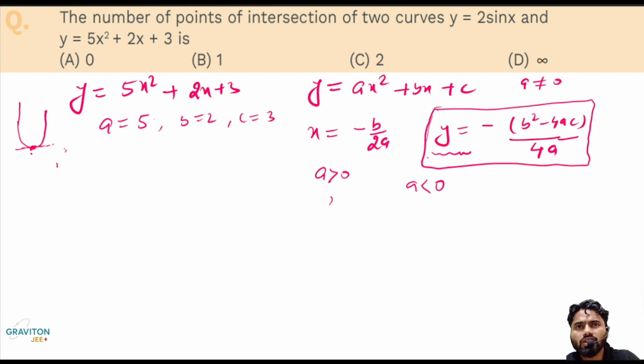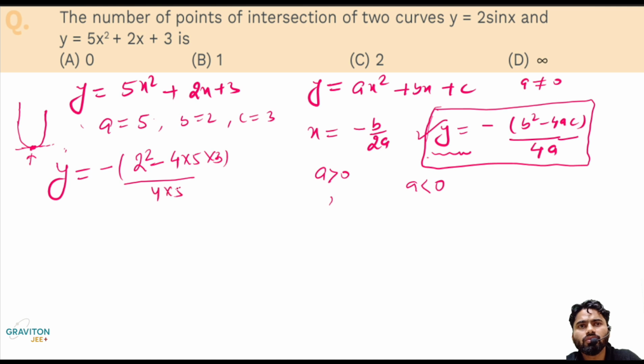So at this point, what is y? y is nothing but this, right? So the parabola is facing upward, so the minimum will exist here, and what value of y will be here? So calculate minus (b square minus 4ac), 2 square minus 4 into 5 into 3, upon 4 into 5.